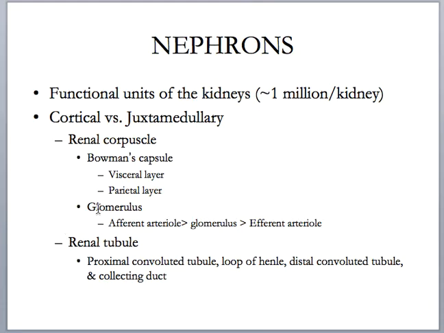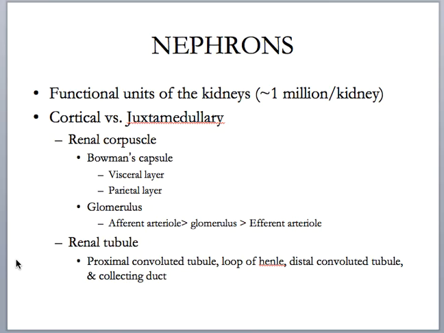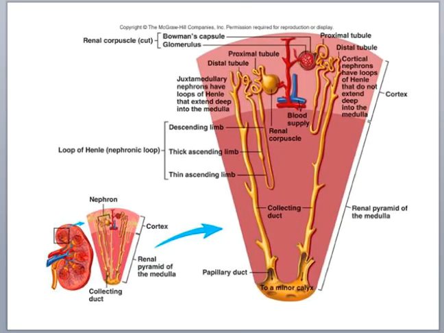Remember I said that you can group all nephrons, which are the functional units of the kidneys, up to approximately 1 million nephrons per kidney. And all nephrons can be grouped as either cortical or juxtamedullary. If we look at this image, the lighter pink would be the cortex, and the darker pink would be the renal pyramid.